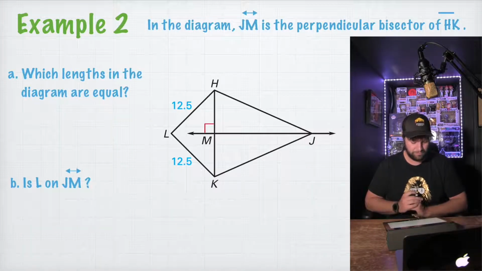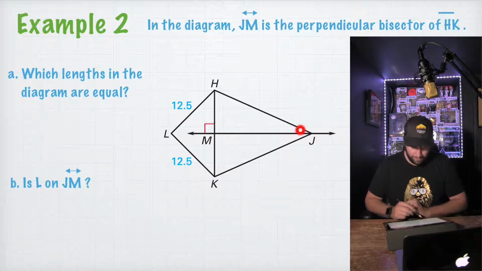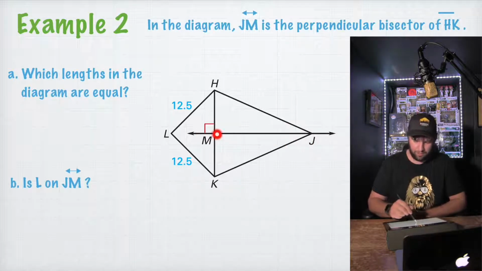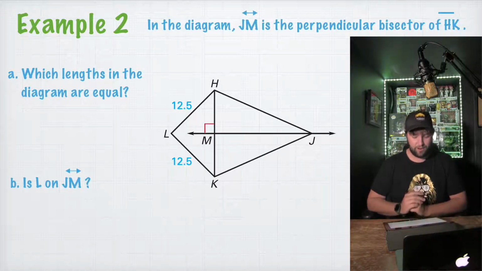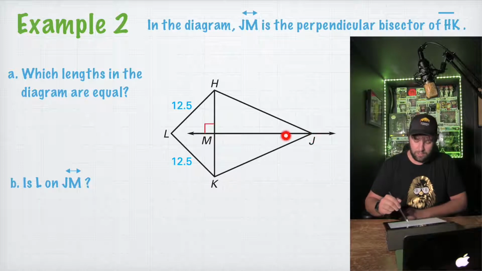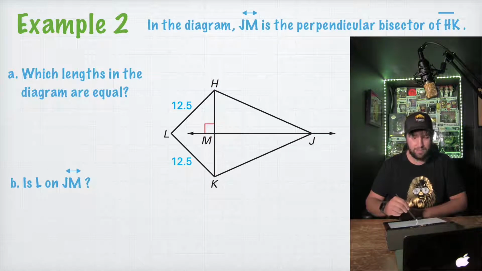Let's keep going. In the diagram, JM is the perpendicular bisector of HK. Which lengths in the diagram are equal? Well, we know that JM bisects HK, so that makes HM equal to MK.